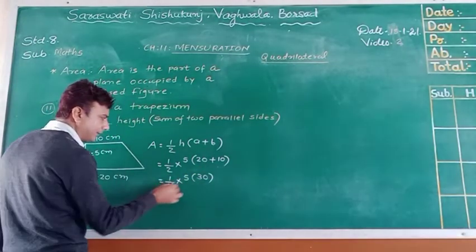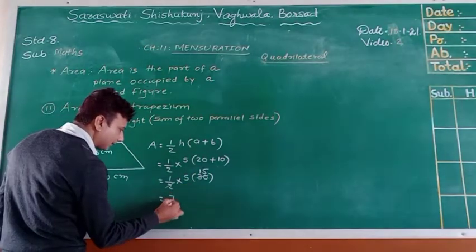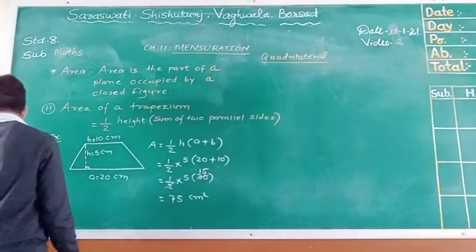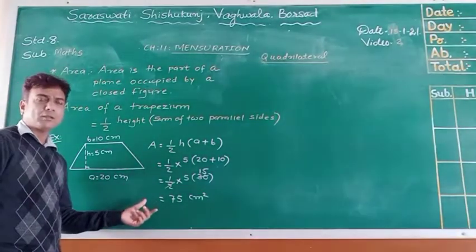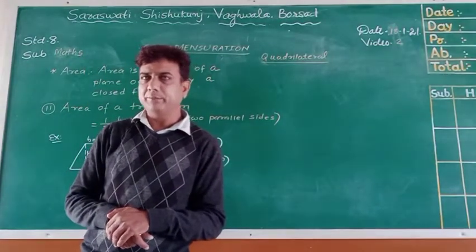Now we can divide here, 15. 15 times 5 is 75 centimeters square. So we can say the area of the trapezium equal to 75 centimeters square.